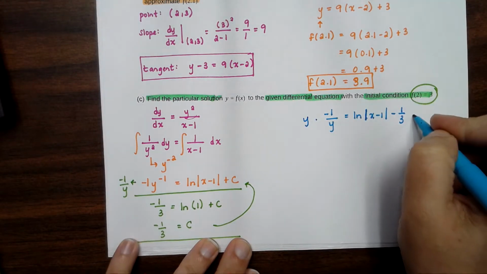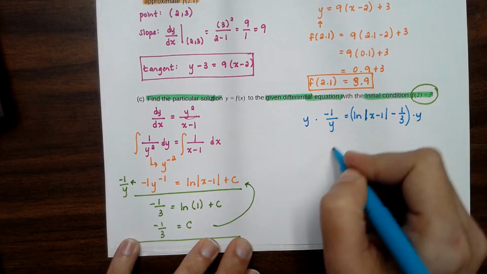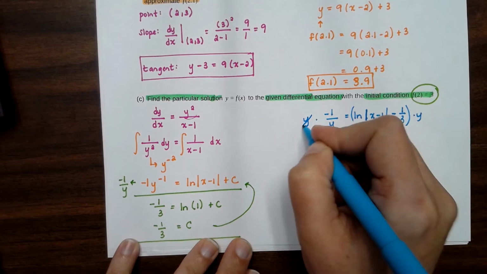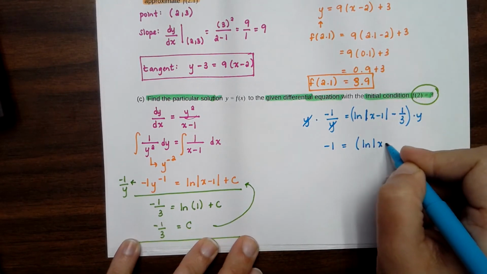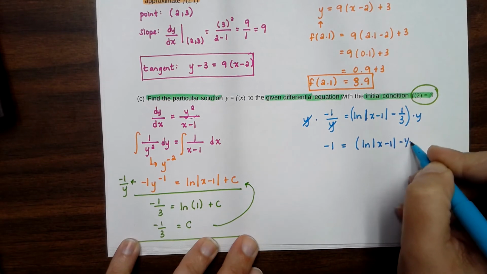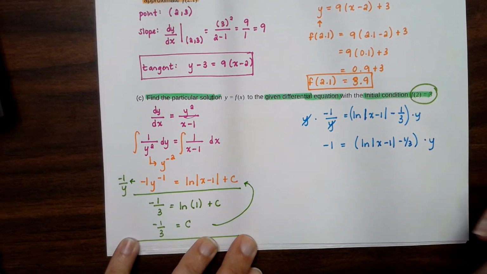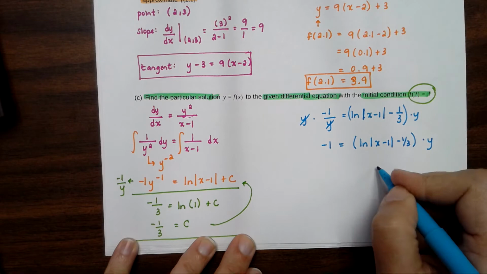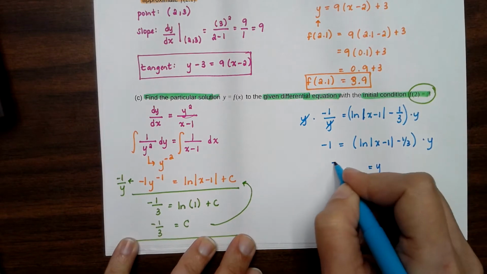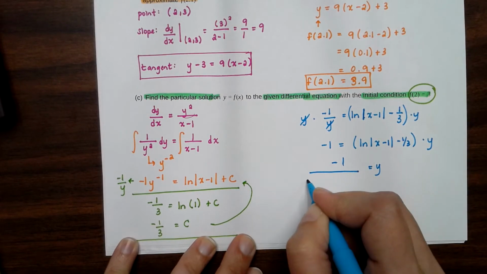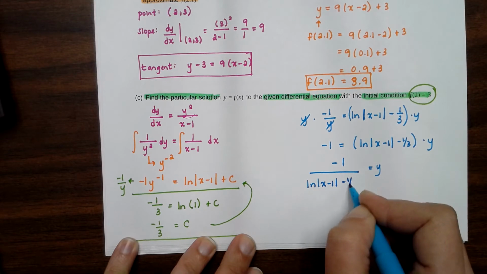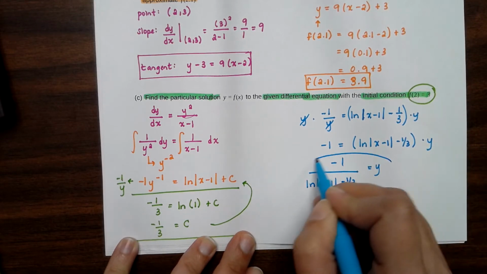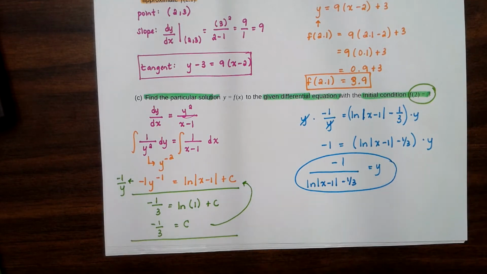So when I multiply by y, I get negative 1, because the y's cancel, equals the natural log of the absolute value of x minus 1 minus 1/3 times y. And now to get y alone, I'm going to divide. So y equals negative 1 over the natural log of the absolute value of x minus 1 minus 1/3. And that would be my answer.